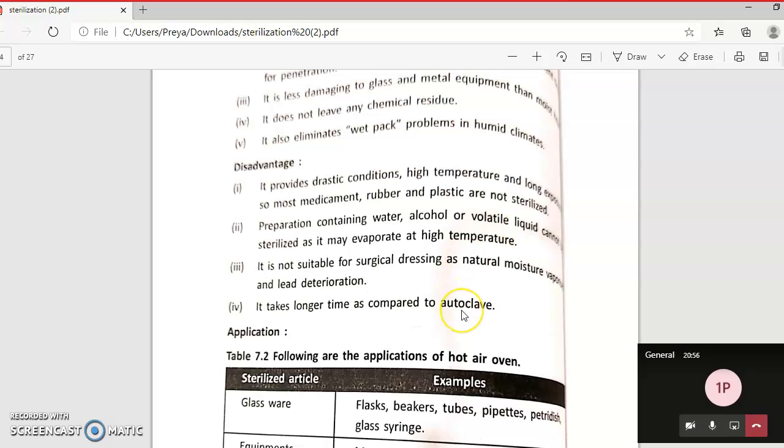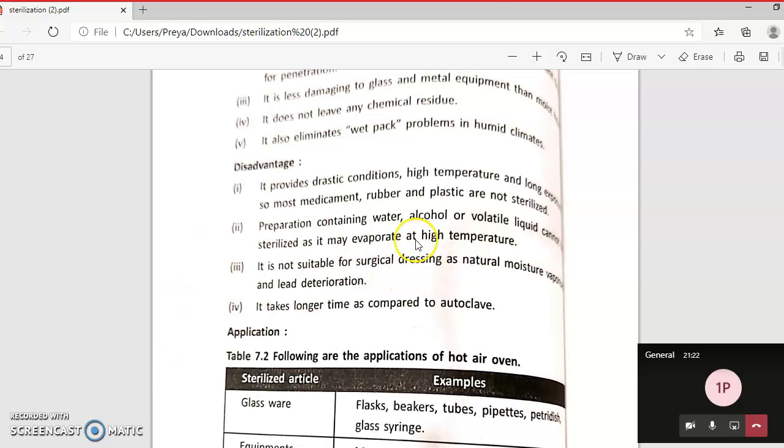Suppose you have prepared a syrup and you are going to sterilize it in the hot air oven. Syrup contains a large amount of water, so the water starts to evaporate at only 150 degrees, so only solid materials remain, and it will degrade. That's why anything that starts to boil at 100 degrees is not to be sterilized in this.